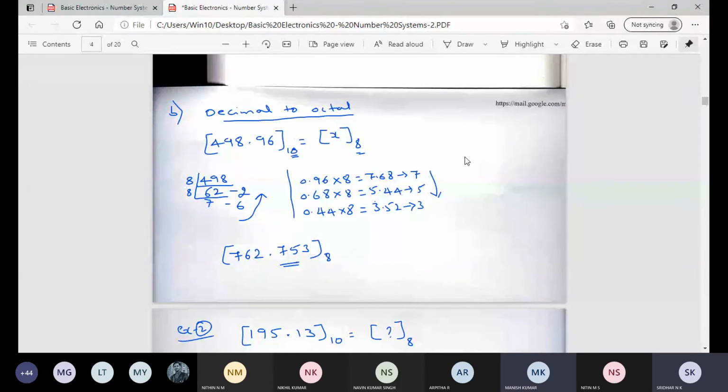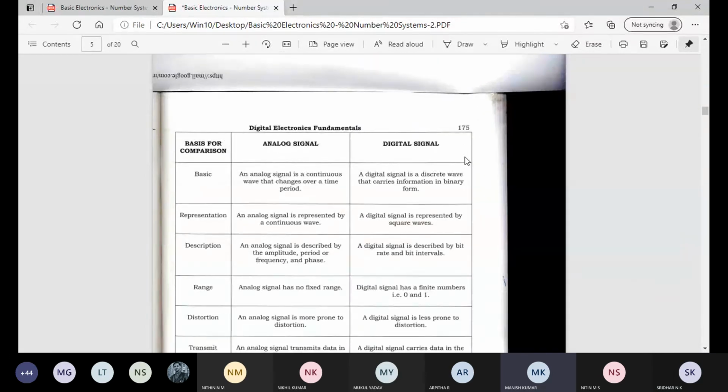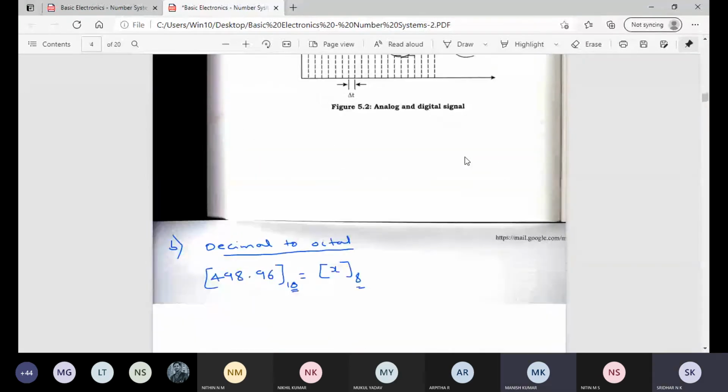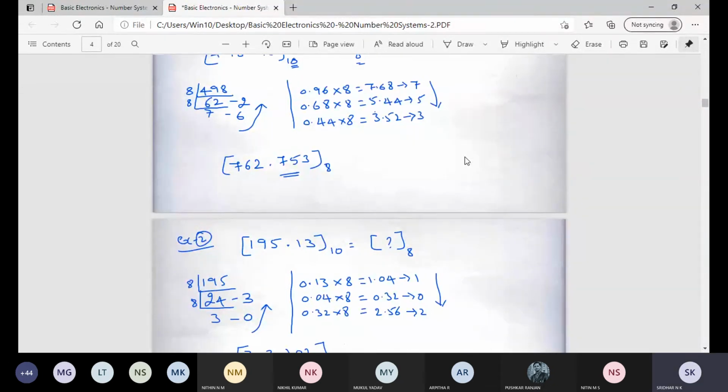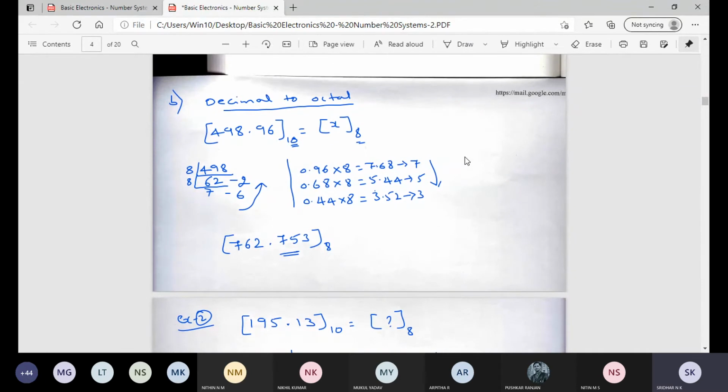In exams, sometimes they'll ask us to convert the given decimal number to octal, and also to hexadecimal.